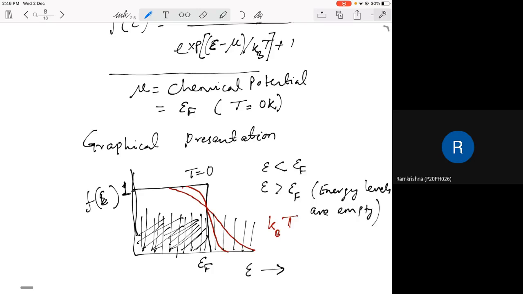Okay, sir. Anything else? Tomorrow we will also continue with these basics, basically describing the density of states. Most of you have already done most of these things. Anyway, I will share this today.